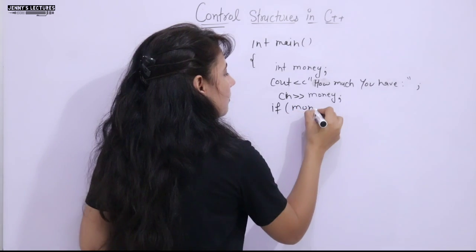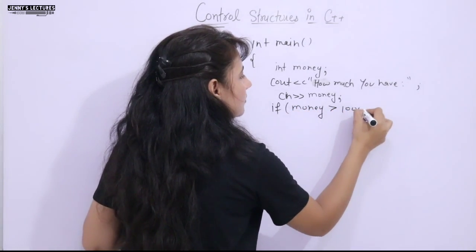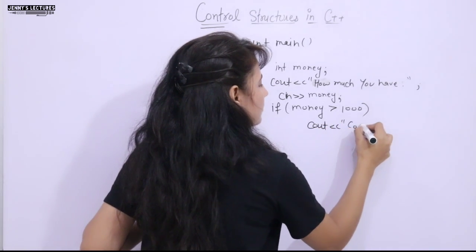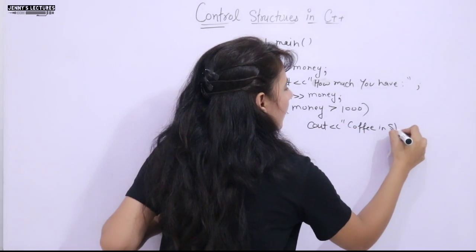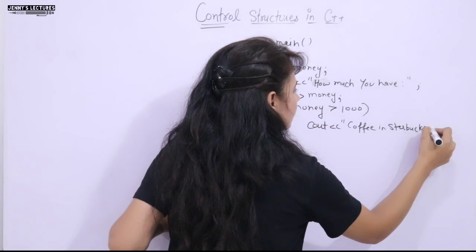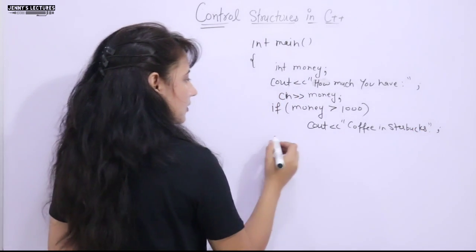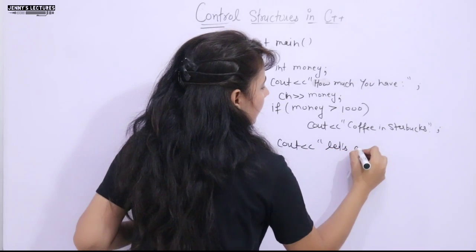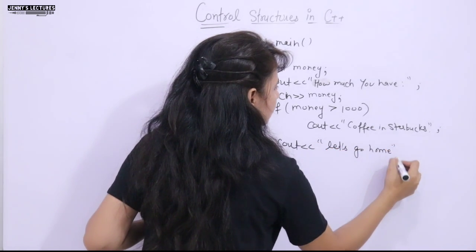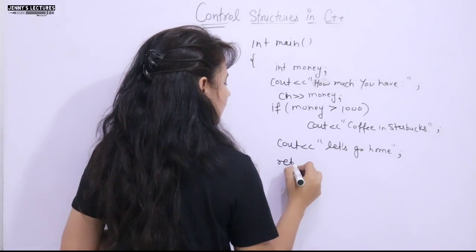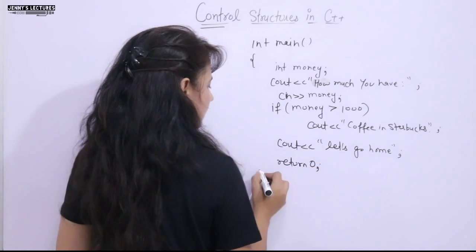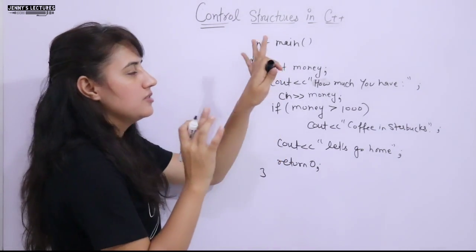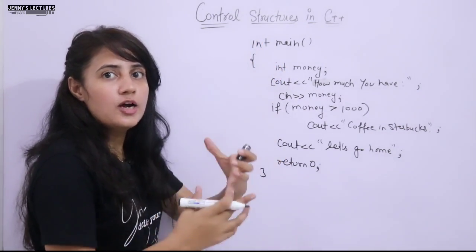If money greater than 1,000, then simply cout, I am printing coffee in Starbucks. After that I am printing cout, let's go home, and return 0, right?